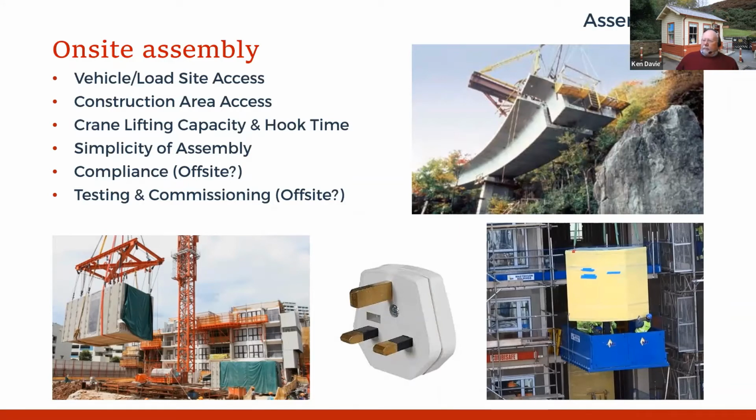I mentioned it before: with offsite manufacturing, you have the opportunity to do testing and commissioning offsite. You can do your quality checks offsite. You're looking for that simplicity of assembly.